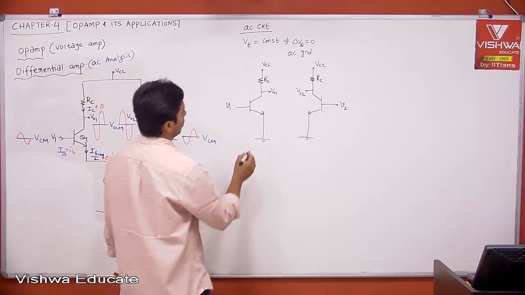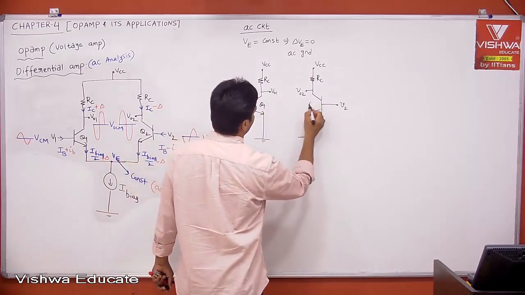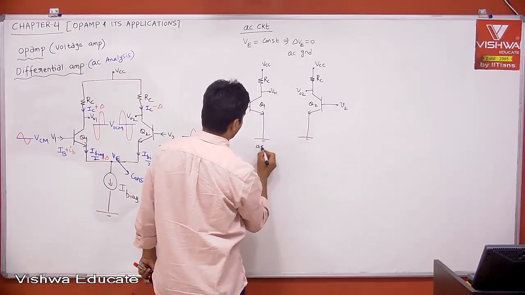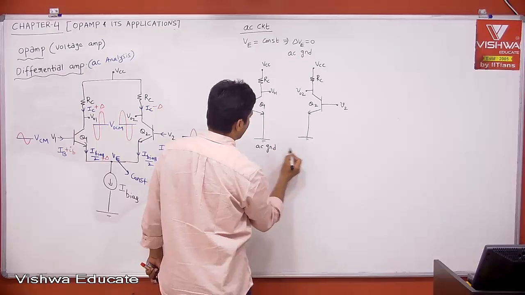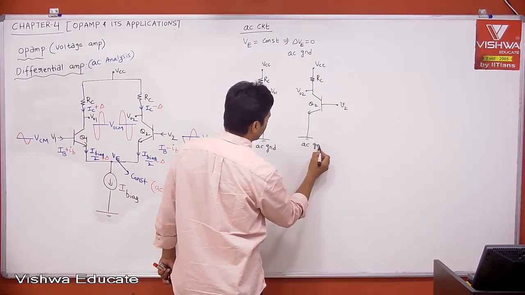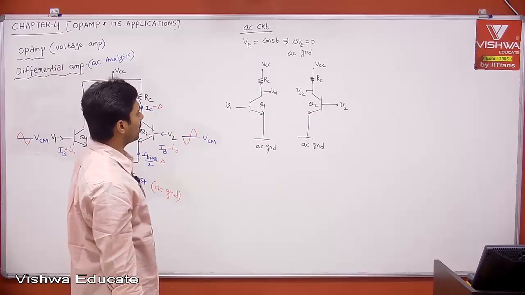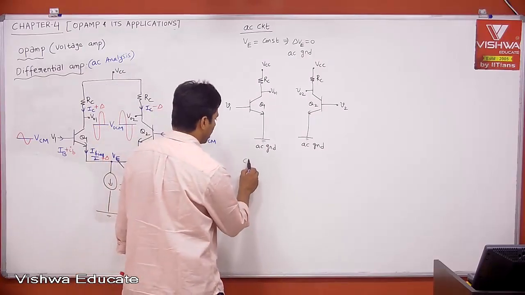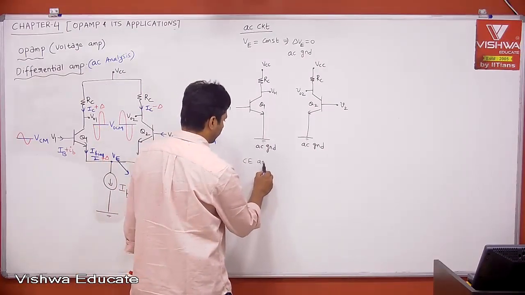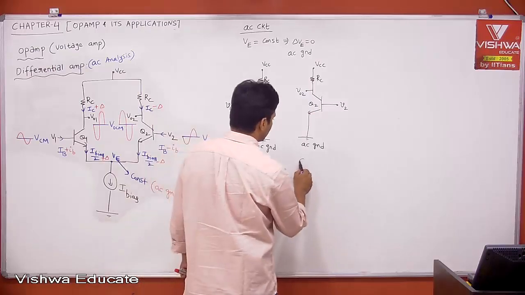This is Q1, Q2. This is AC ground basically. This is also AC ground. And this is nothing but your common emitter amplifier. This is CE amplifier. This is also CE amplifier.